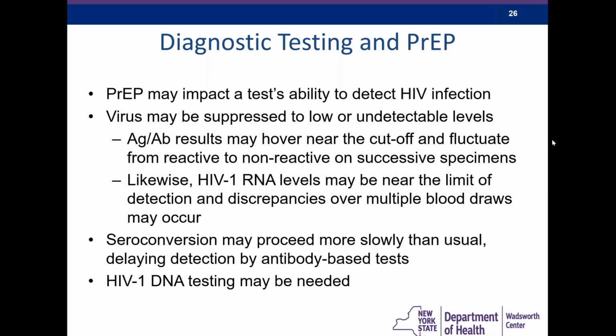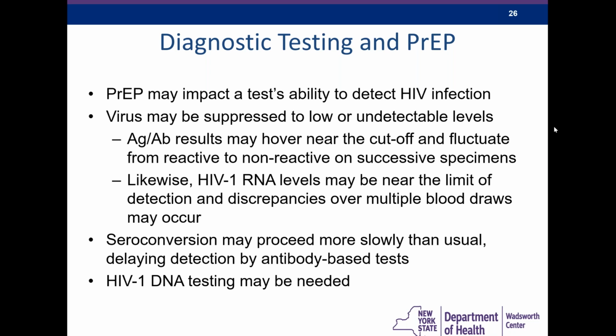Likewise, we've seen that HIV-1 RNA levels might also fluctuate between being detectable and undetectable, and you can have these discrepancies over multiple blood draws. It can be a little bit challenging to sort out what might be going on in these cases.